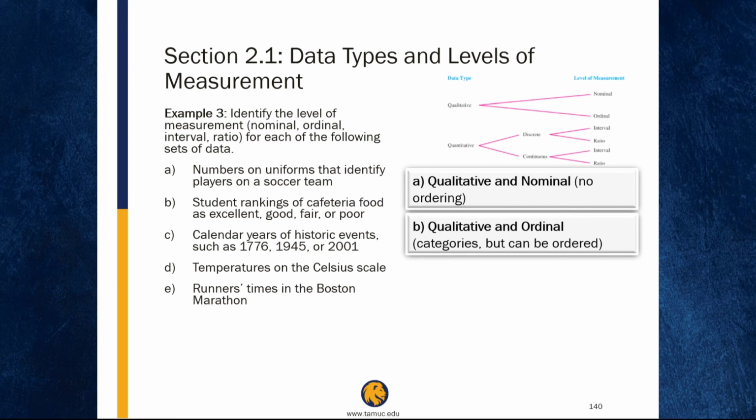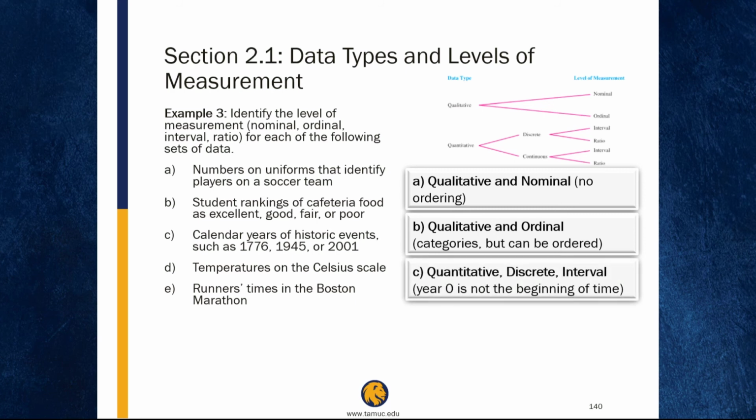For the next one, calendar years of historical events such as 1776, 1945, or 2001. Well, this one goes now to quantitative because it is measuring the number of years. When we talk about quantitative, it could be either interval or ratio.